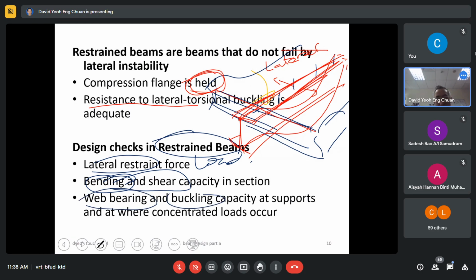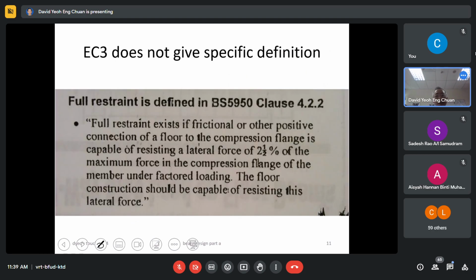I've uploaded two slides, A and B. So B is this one, okay? This is the definition given by BS 5950, clause 4.2.2, about what is a restraint beam.